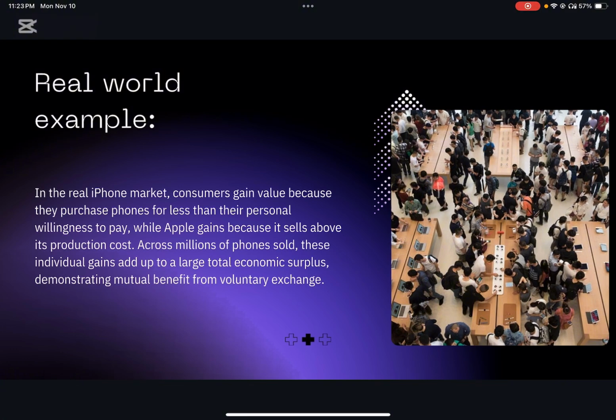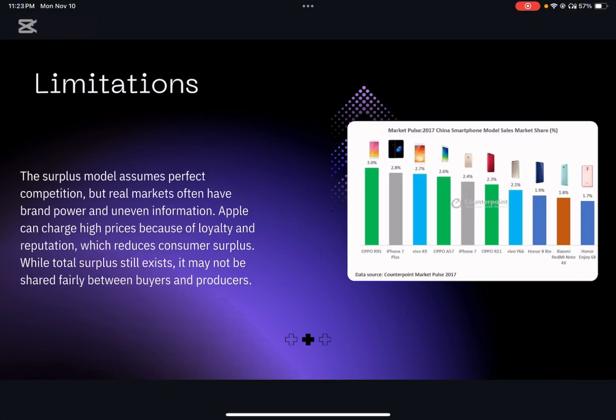That's the producer surplus. When you multiply this gain across millions of buyers and sellers, you get a enormous total economic surplus. It's a perfect illustration of how trades benefit both sides and how efficient markets help create wealth and satisfaction for everyone involved. But there is a limitation.